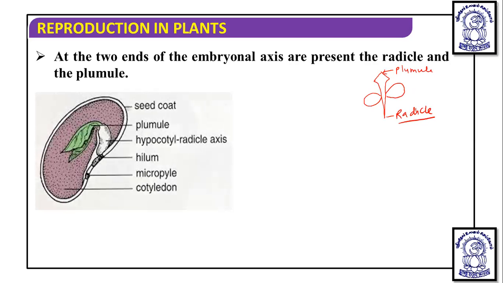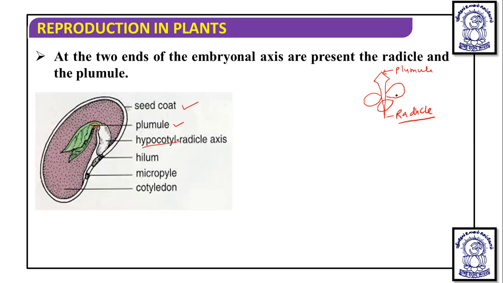Now you can see one detailed diagram here again, and in this we can see the seed coat. Here two seed coats are there, outer testa and inner tegmen. This is the plumule, below which the cotyledon is attached. This is the hypocotyl.